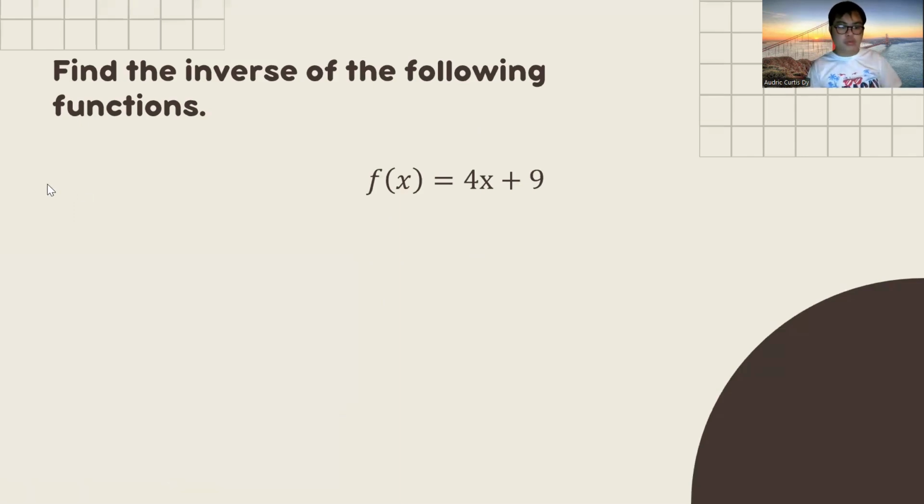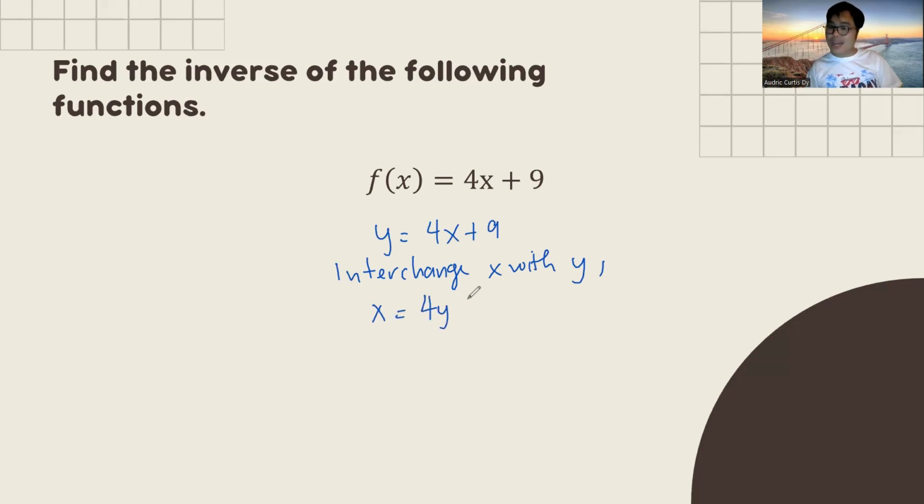So what you are going to do here is do the same thing. So you're going to interchange again. So what we're going to do here is your x will be at the left side, then the y will be at the right side.